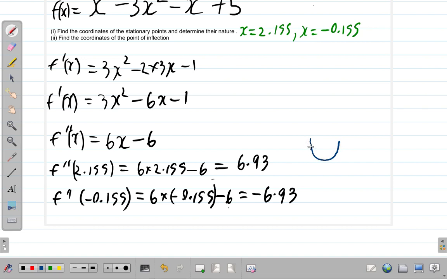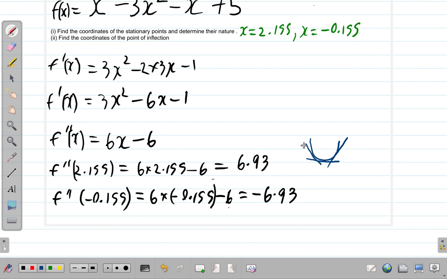Because since the second derivative is positive, it means as you go from left to right, the gradient of the tangents is increasing. If we draw some tangents here, the gradient would be getting more and more positive, right? The right hand side of the tangent would be swinging upwards.